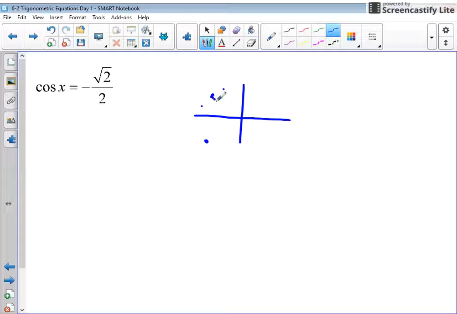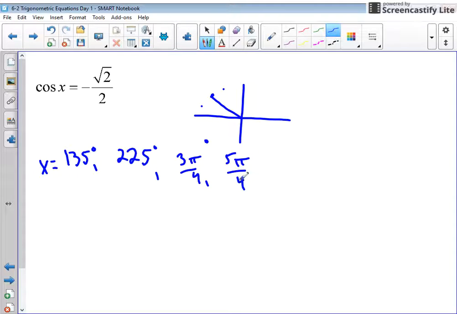So this angle right here is 135 degrees. So I could say x equals that. And this angle right here would be 225 degrees. And then the radians for those: this first one was 3 pi over 4, where the second one was and is and always will be 5 pi over 4.